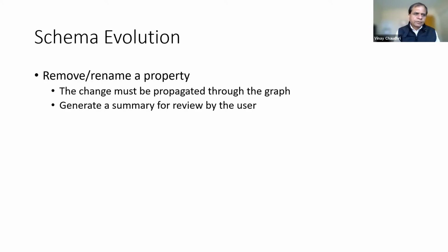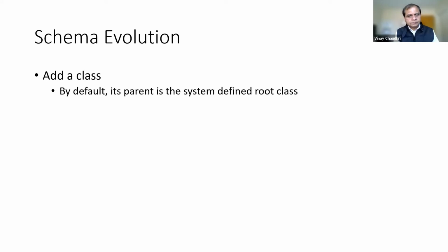So for example, if you remove or rename a property, then if you have lots and lots of triples stored in your knowledge graph, then you have to propagate that renaming of the property throughout the graph. And in some cases, you may want to tell the user how many changes you made, and typically people would do this by generating a summary of all the changes that were applied to the knowledge graph.